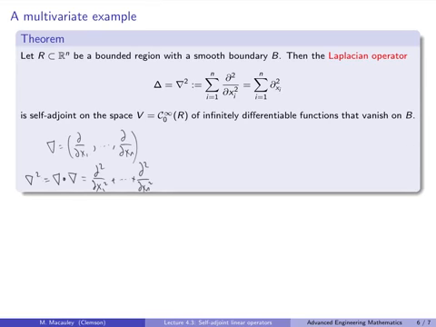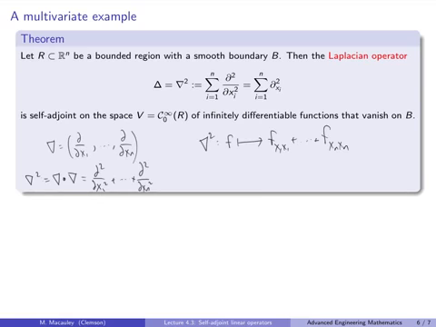So if I take the Laplacian and I apply it to a function, say a multivariate function, then that gets sent to f x1 x1 plus dot dot dot f xn xn. So the sum of the individual second partial derivatives. Okay, so that's what this operator is.